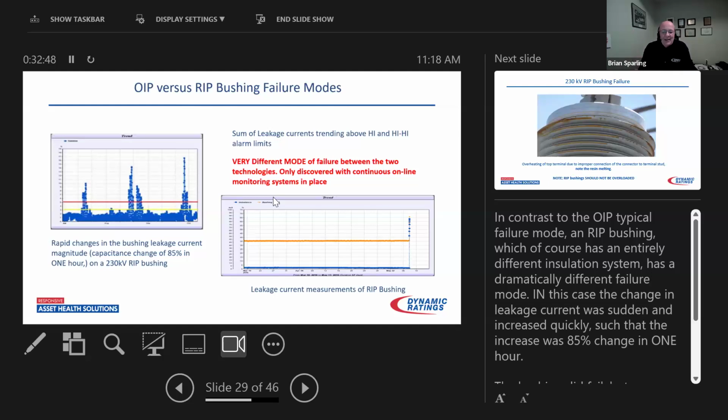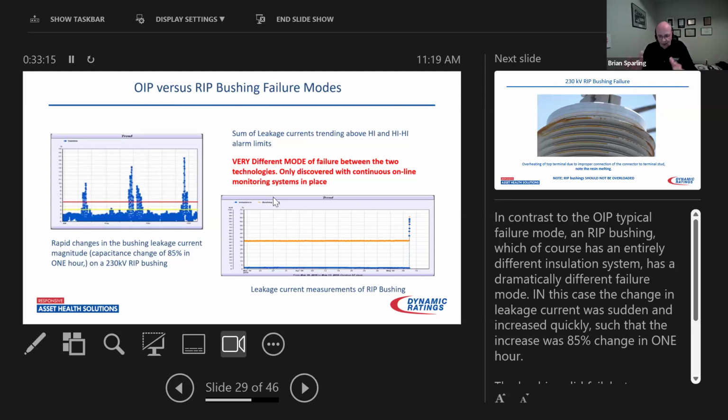Still, nothing is infallible in our world, in the electrical world particularly. People who say, yes, this thing will never fail, I think are telling a big story out of school. We cannot compare failure rates of RIP to OIP, because the population out in the field is still largely OIP type bushings.